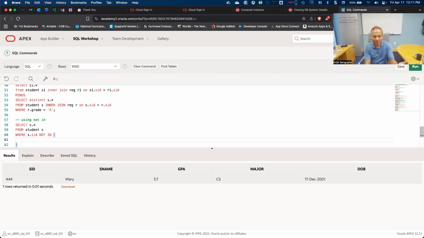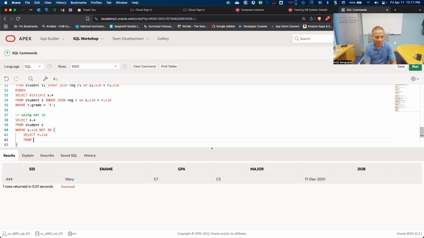So basically, we're trying to find the students whose ID does not appear in a registration with a grade of A. So select r.sid from reg r, where r.grade equals.